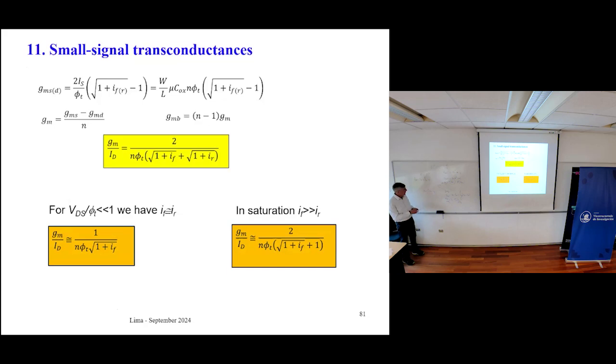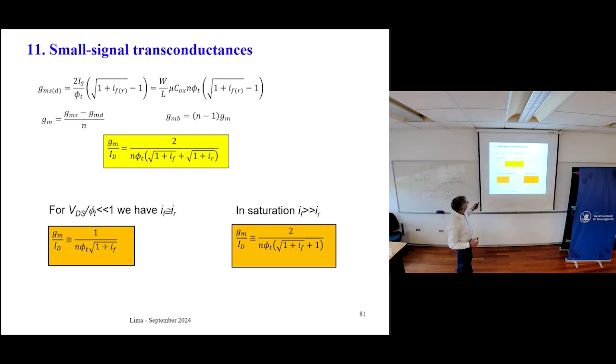Note that QS minus n C out phi t. Then I can use this expression, this one, to calculate the transconductance in terms of the inversion level.